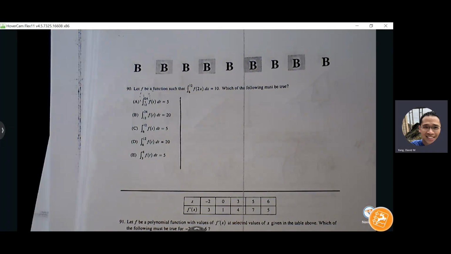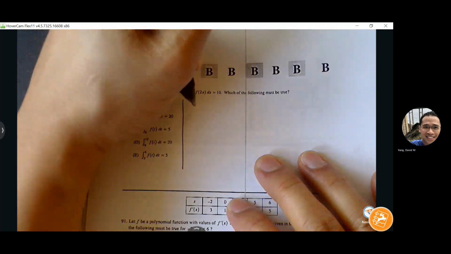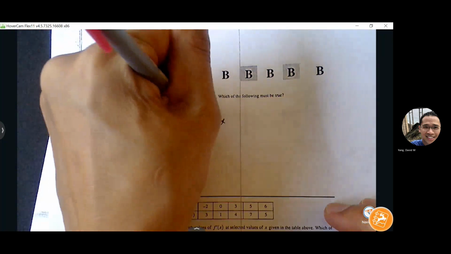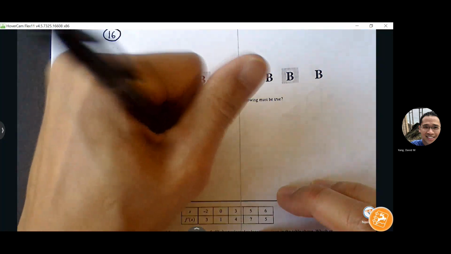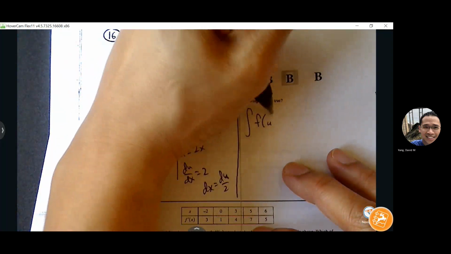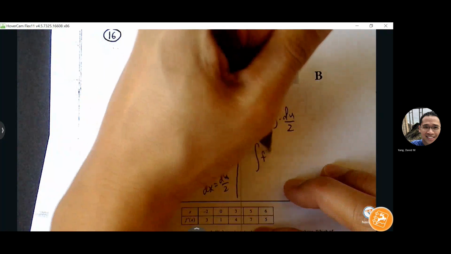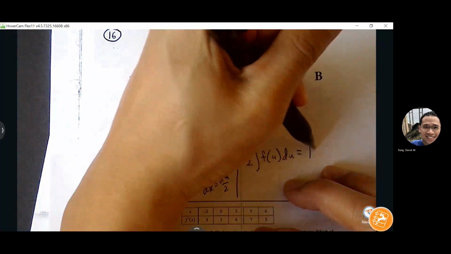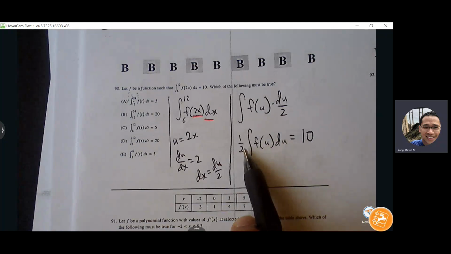The integral from 6 to 12 of f of 2x dx equals 10. Which of the following must be true? We can use substitution to make that 2x go away. So if I want to do f of u, I can pull that 1/2 over.